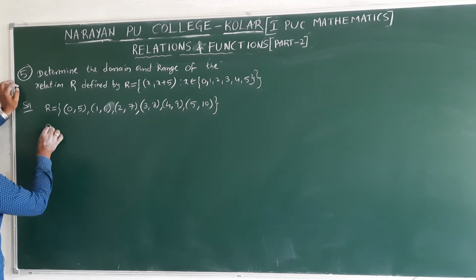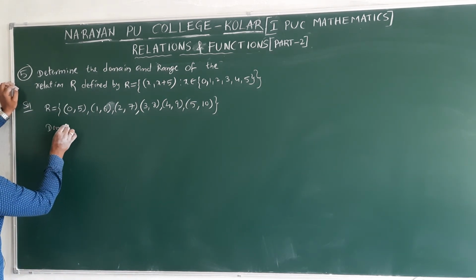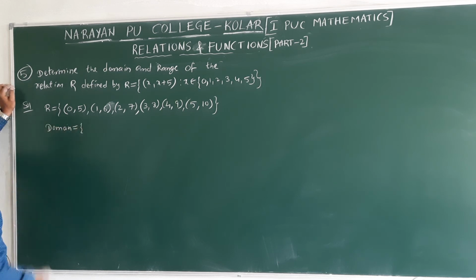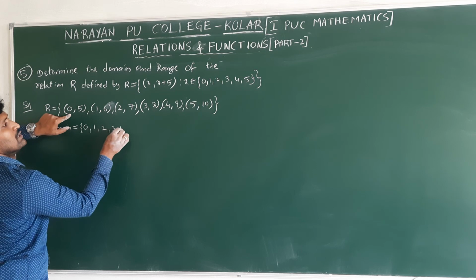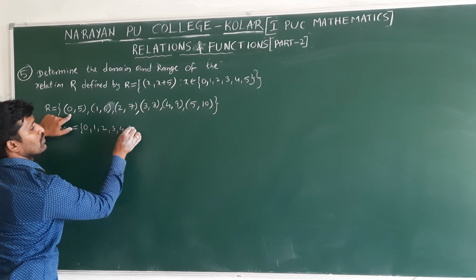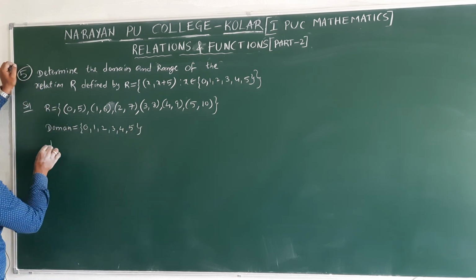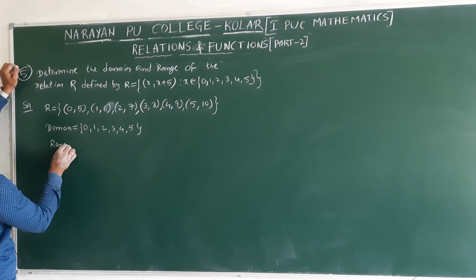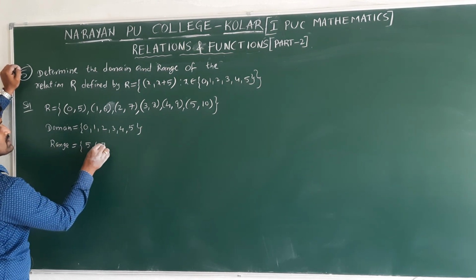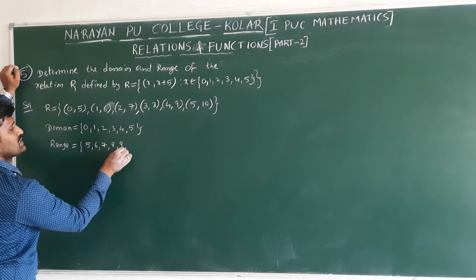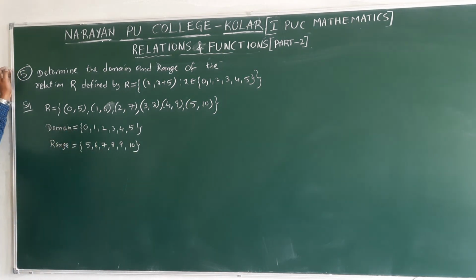From the relation we got, we can write the domain. What is the domain? Set of first elements: 0, 1, 2, 3, 4, 5. And what is the range? Range is the set of second elements: 5, 6, 7, 8, 9, 10.